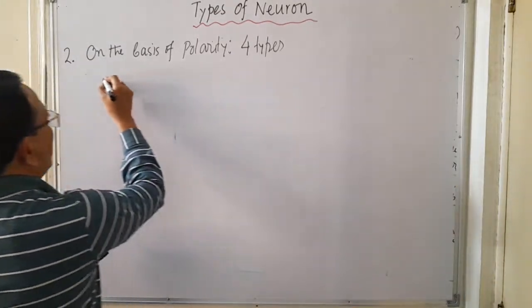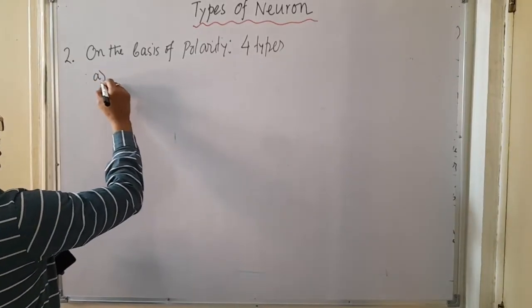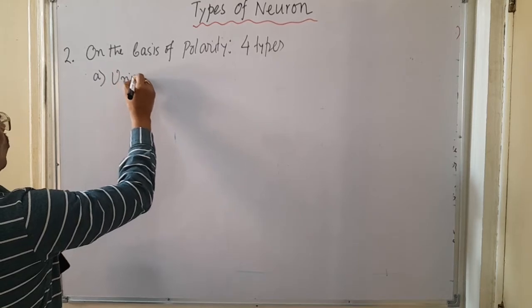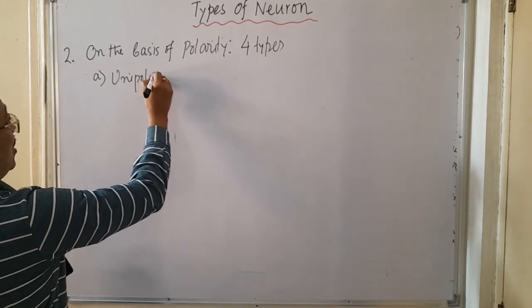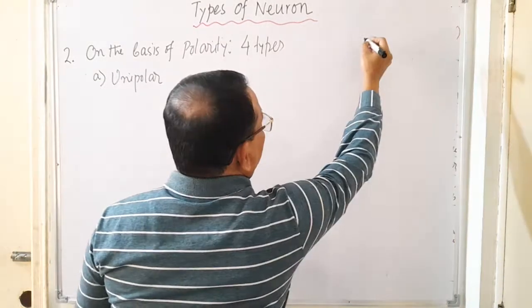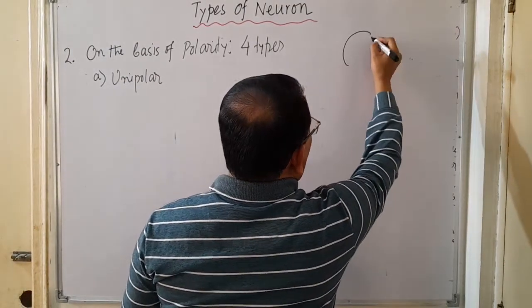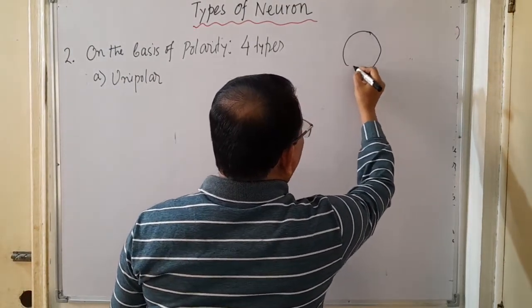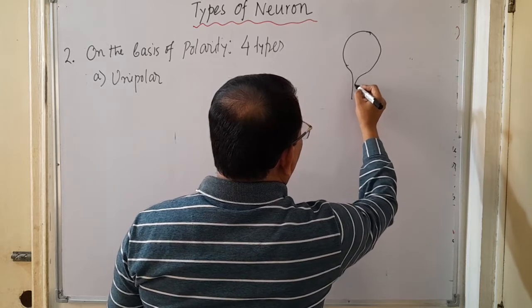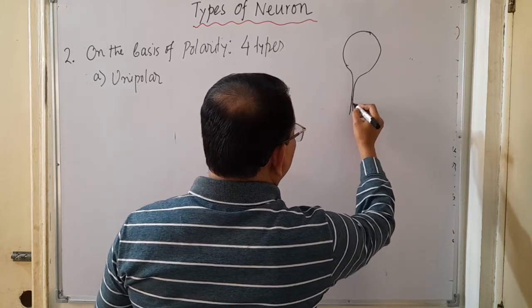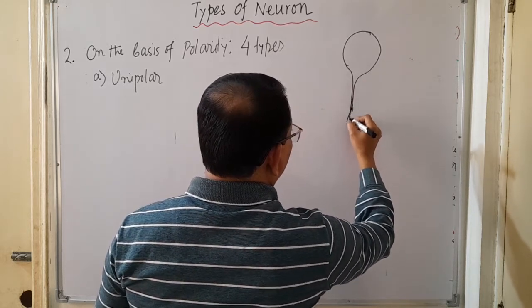The first one is known as the unipolar neuron. That means in these neurons, only from one pole of the cell body the branch will take place.